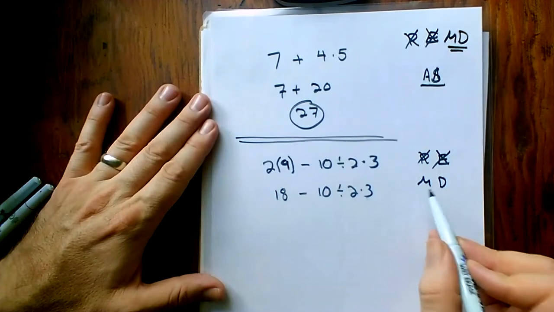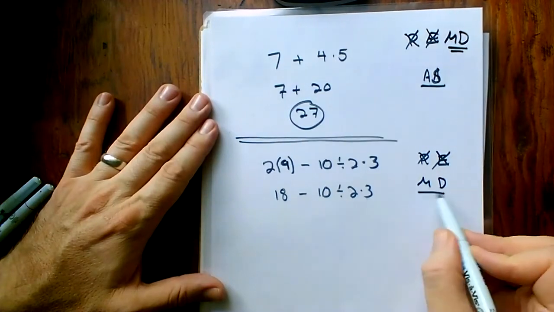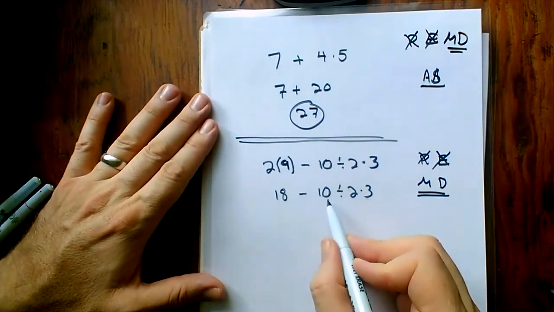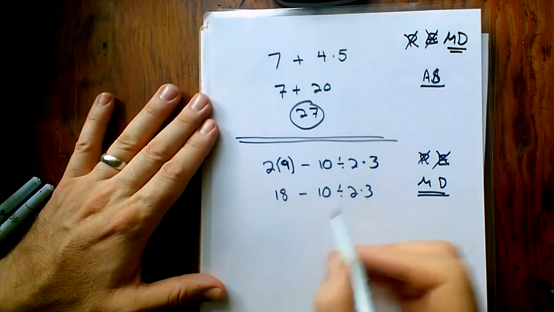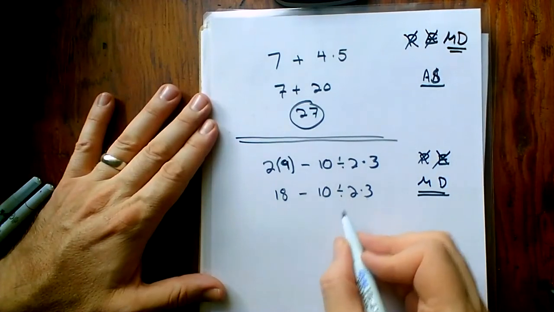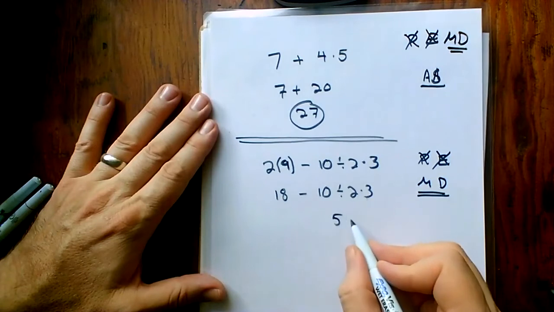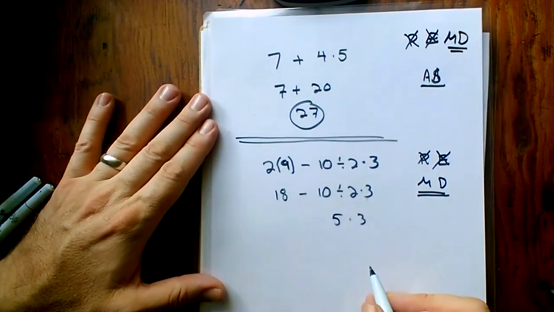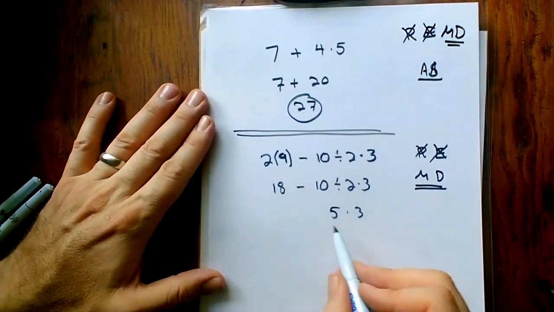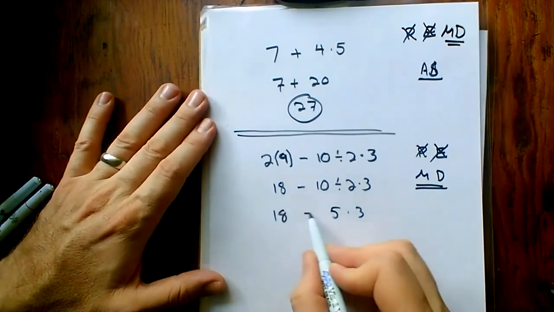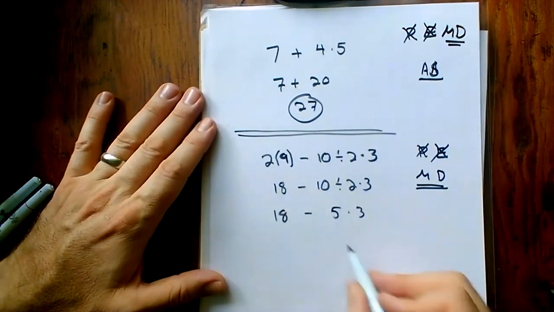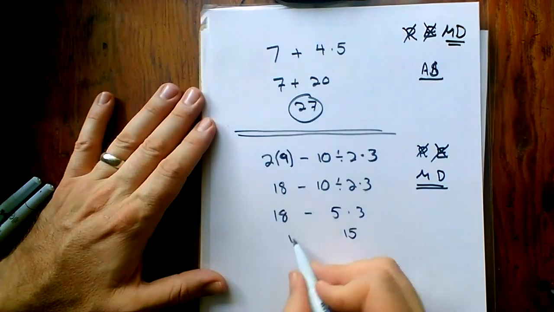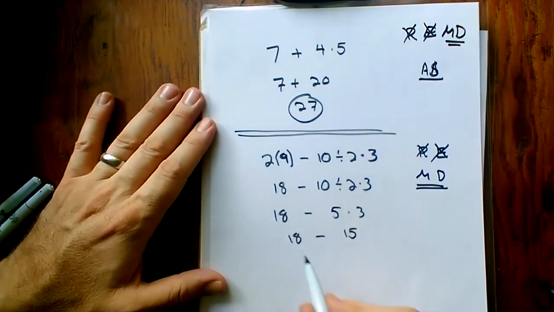Even though this is multiplication first, both of these are ranked the same, so I'm going to do this division. 10 divided by 2 is 5 times that 3, and then everything else comes on down. 5 times 3 is 15. Now I've got 18 minus 15, which is 3.